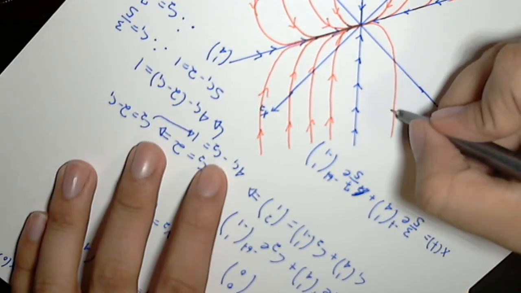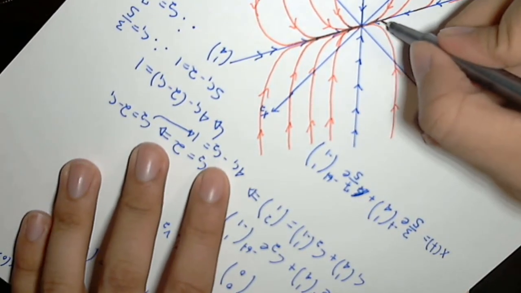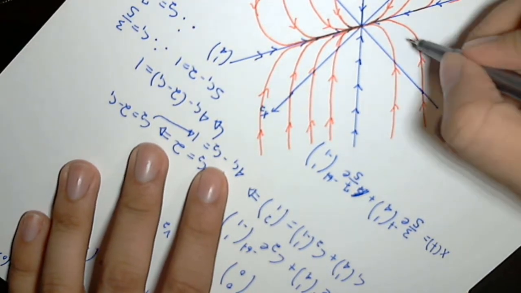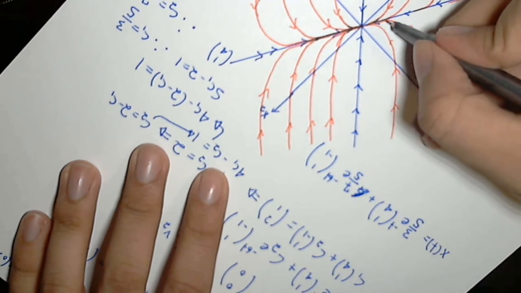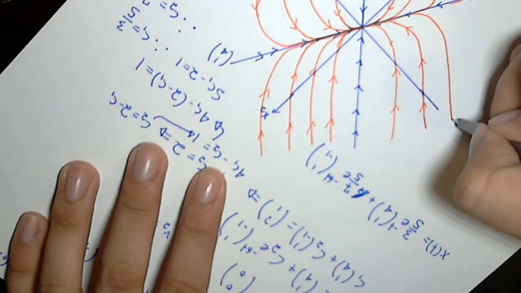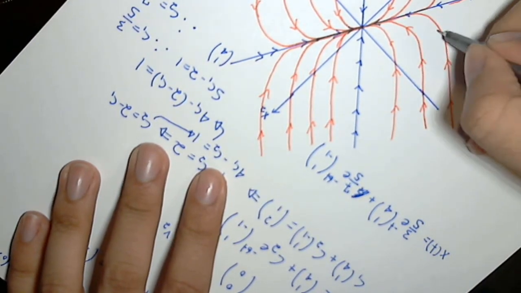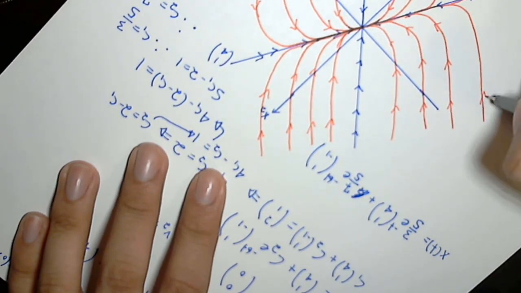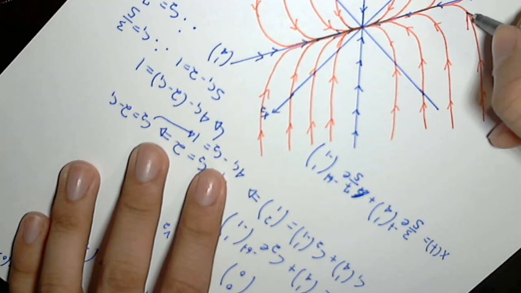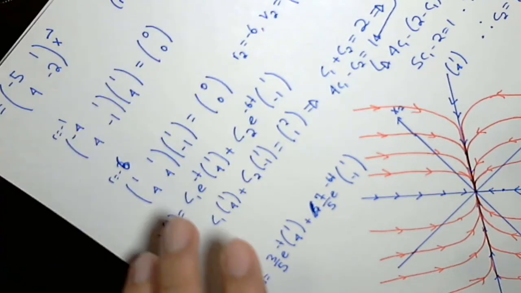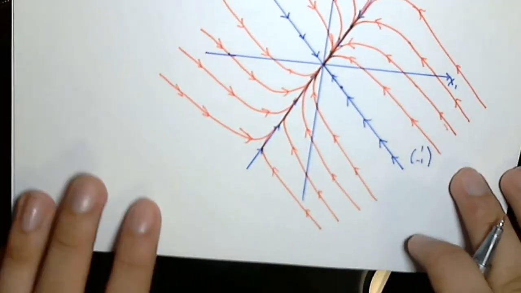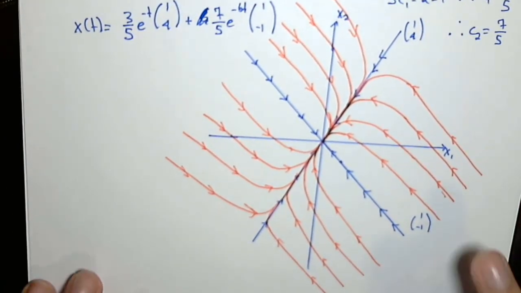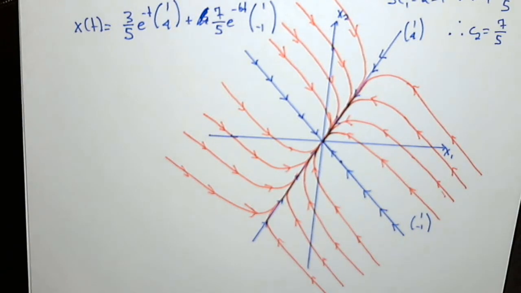Sorry, I gotta turn my paper to be able to draw this easier. There. So that's what the slope field of this guy looks like.